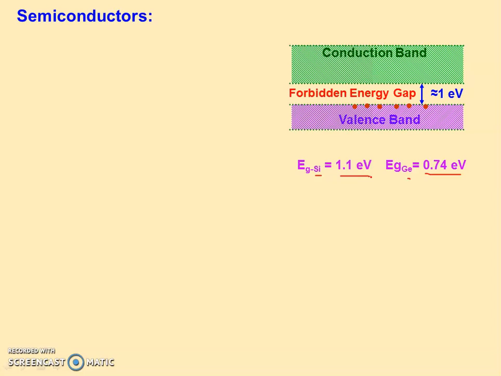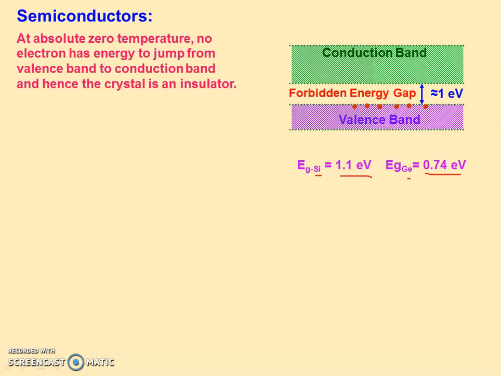So we always use silicon, right? So at absolute zero temperature, no electron has energy to jump from valence band to conduction band, and hence the crystal is an insulator since there are no free electrons.